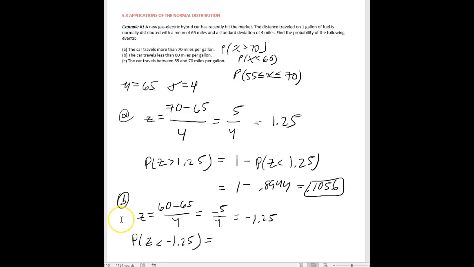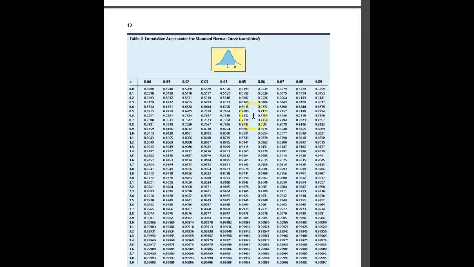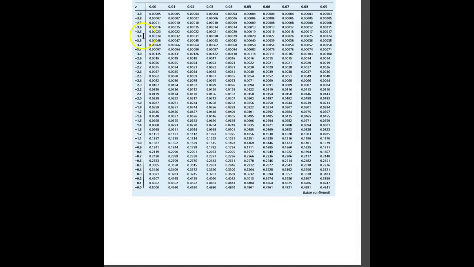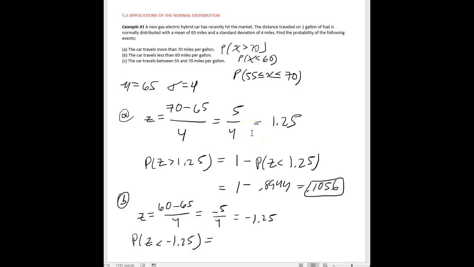We don't need to do any manipulation there because we have a less than probability, so we know our table is going to function accordingly. So we go to negative 1.2, all the way over to 5, which is 0.1056. Look familiar? It should.